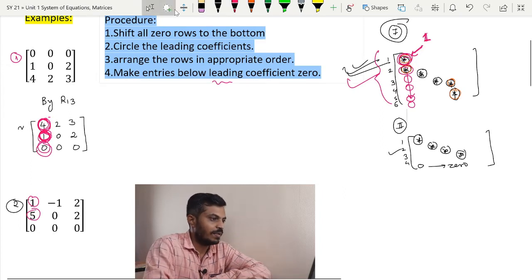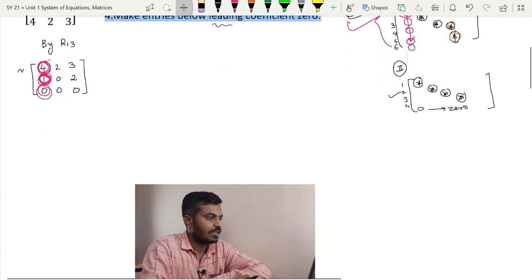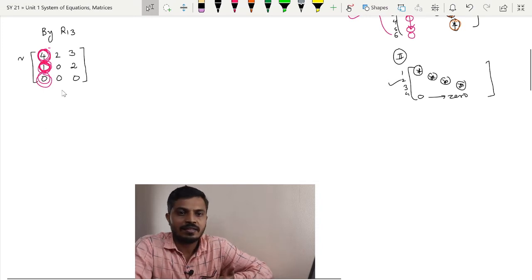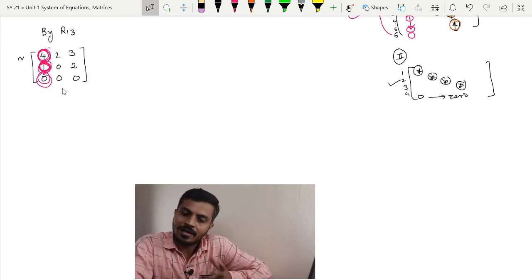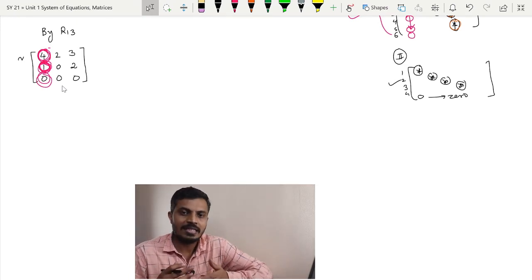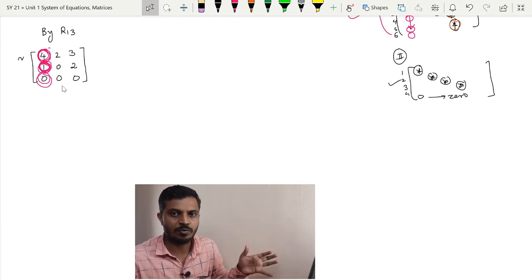I will make a space over here. As I have already told you, one way is simply multiplying the second row by 4, but there is another way which might seem lengthy at present, but it is easier if your matrix is a big one. That procedure becomes easier for a bigger matrix.